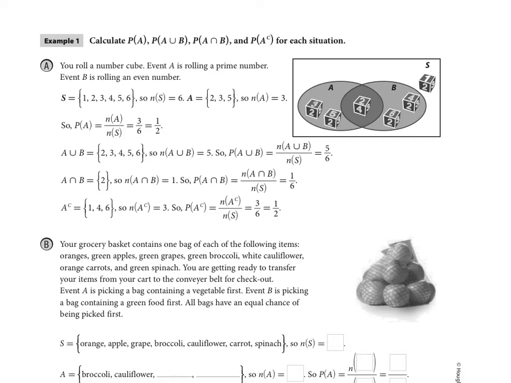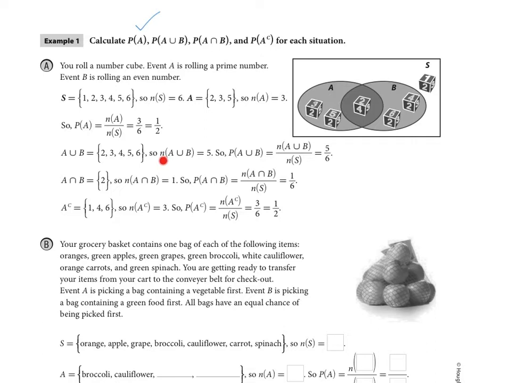So that takes care of the first probability. The next one we want is A union B, as you can see here. A union B is all of the prime numbers in A and also all the even numbers that are not yet used. So there's 2, 3, and 5, and we also need to include 4 and 6.